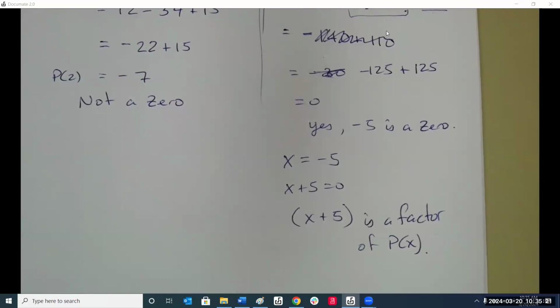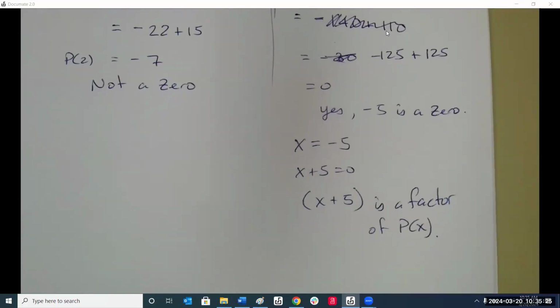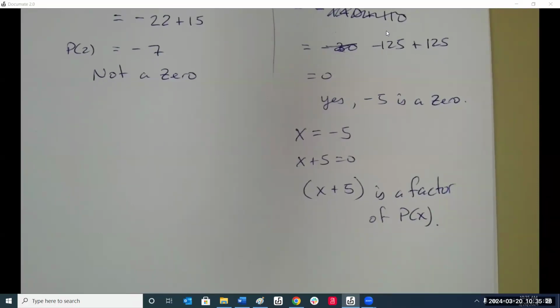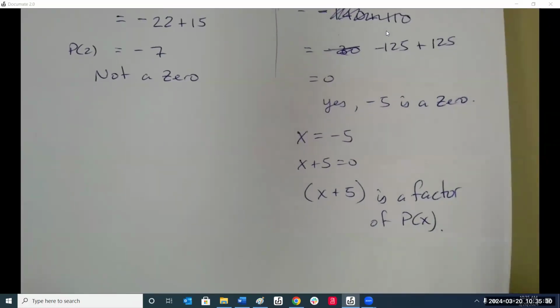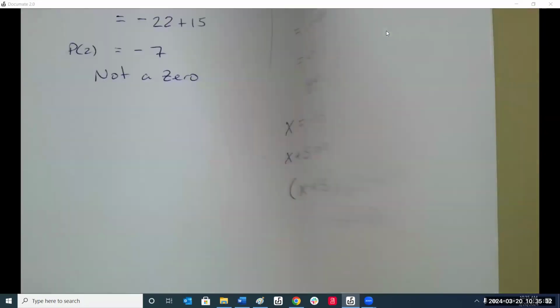If you find the zero of an equation, then you can find the factors of that equation. All right, let's look at example 3.